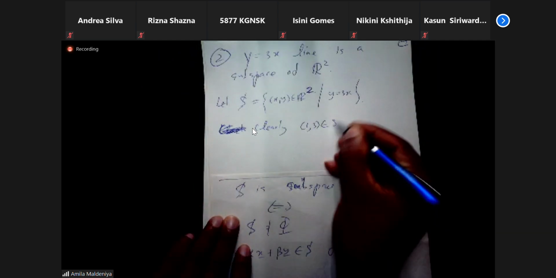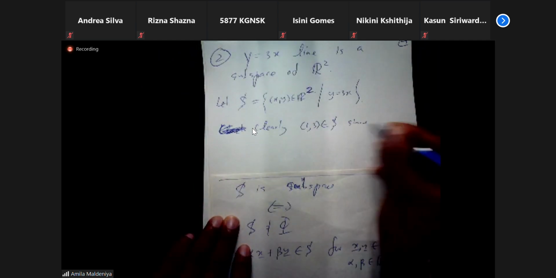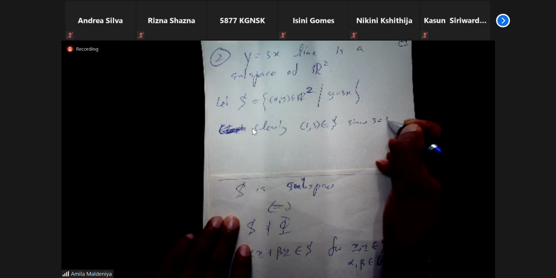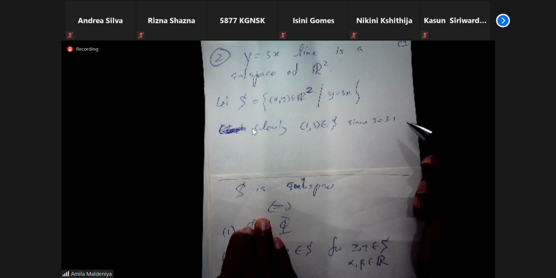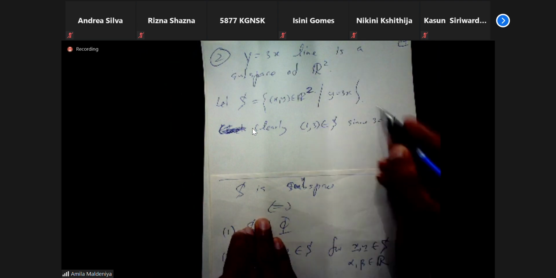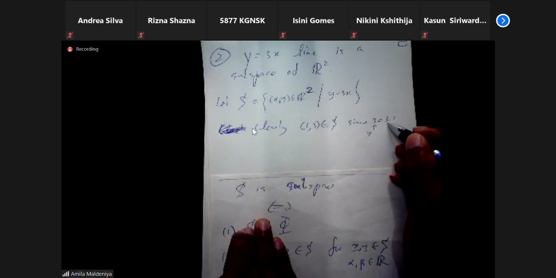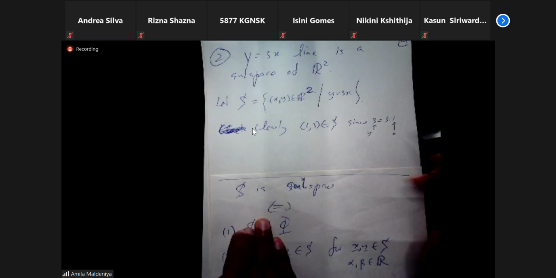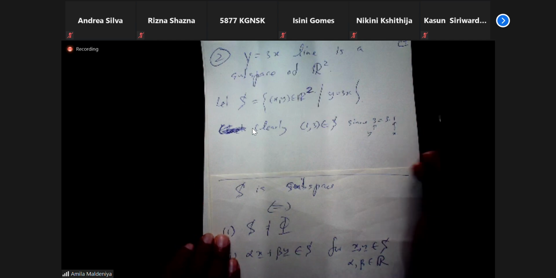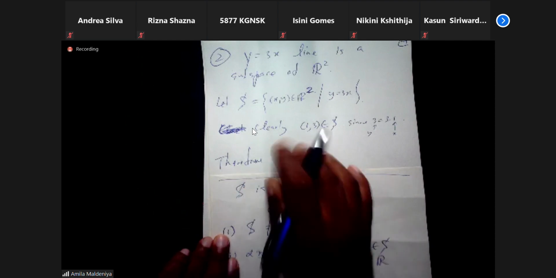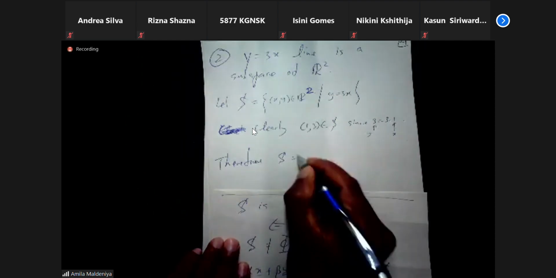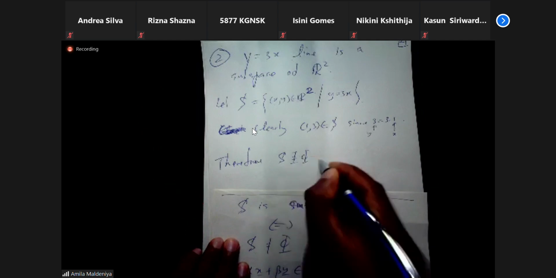Clearly, since y equals 3, which is 3 times 1, no? So this one satisfies this condition. The y coordinate is 3 times the x coordinate. Therefore, S is non-empty. It has at least one element.